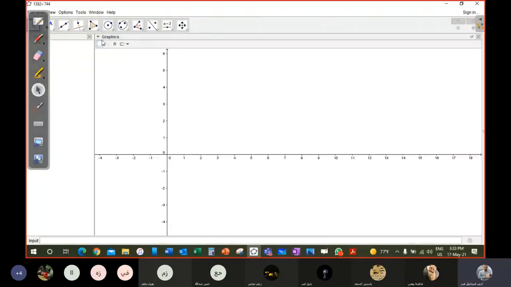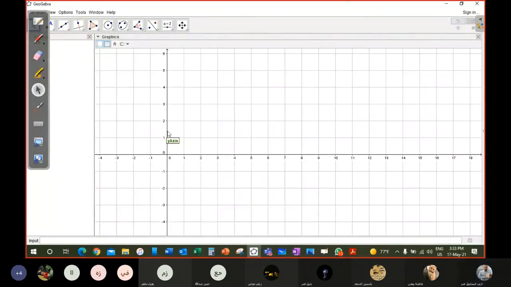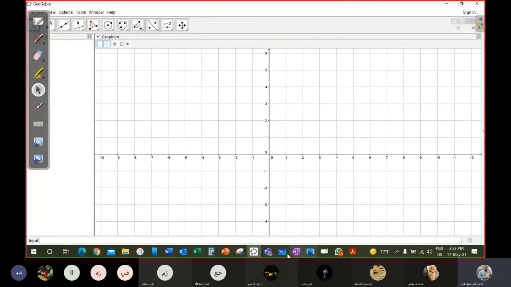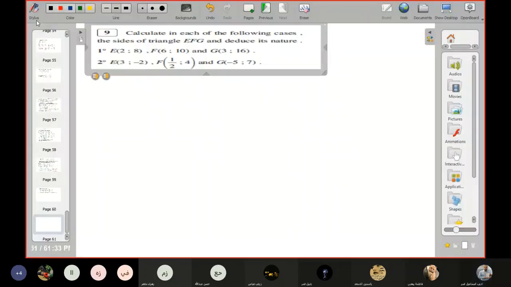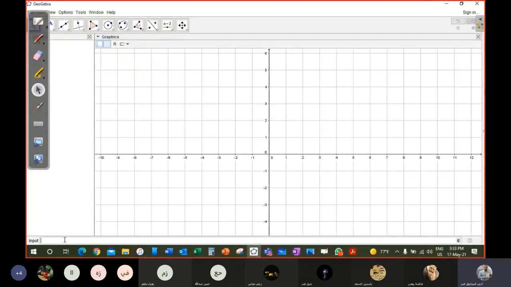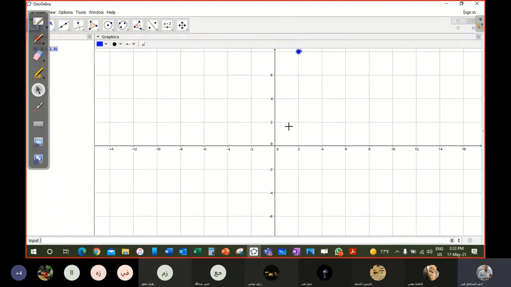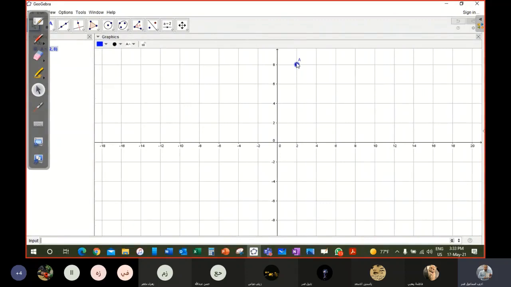So in exercise number 9 we have the following points. Plot the points. First point E: 2, 8. This is 2, 8.